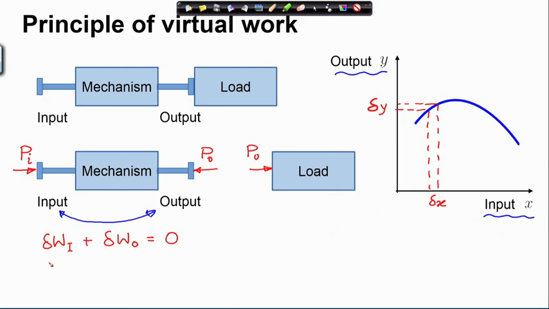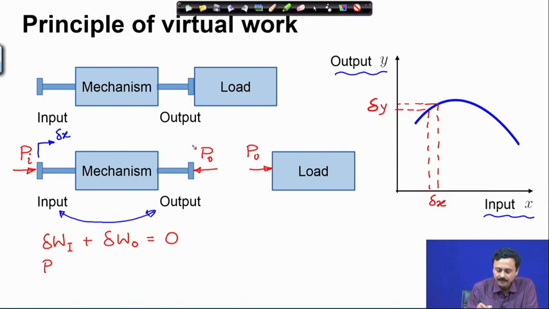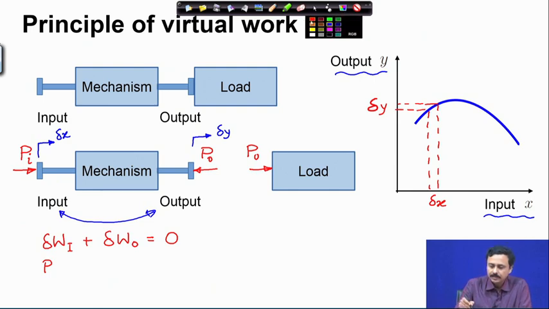Now, work done at the input, you can easily see, if I give a displacement delta x and I have a virtual displacement delta y at the output, these are corresponding to one another through the input output relation. In that case, the virtual work done at the input is P I times delta x.